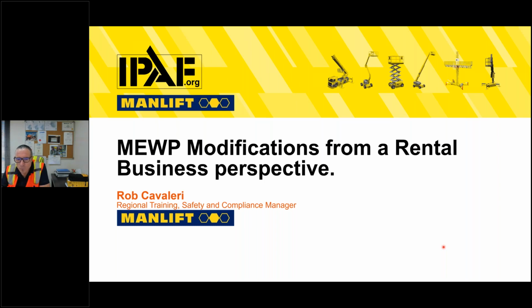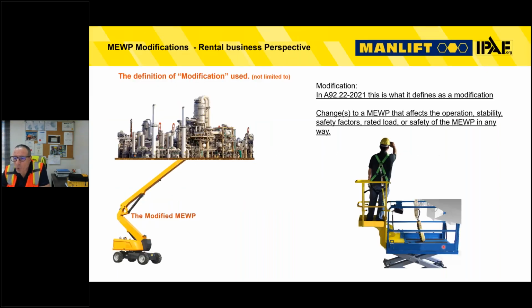So I'll begin. The definition of modification used is important to make clear. In American Standard A92, it defines a modification as the following: any change or changes to a mobile elevating work platform that affects the operation, the stability, safety factors, the rated load, or the safety of the MEWP in any way.